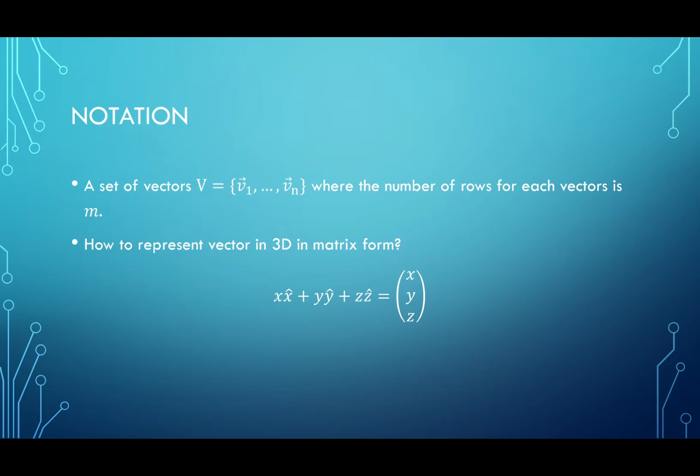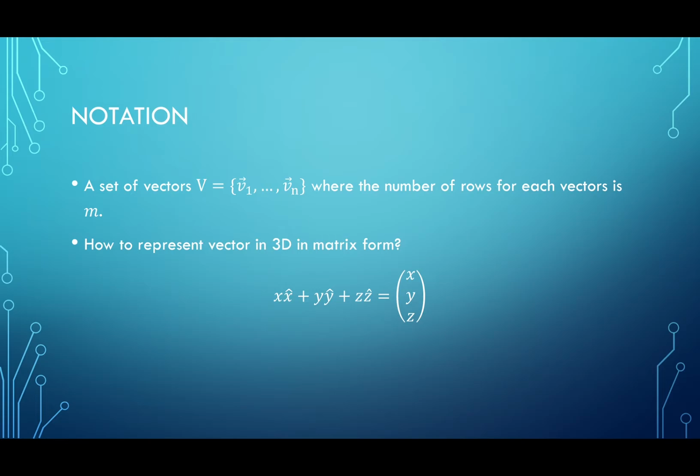So how to represent a vector in 3D in matrix form? If we have our usual representation of vectors in its components, so if we have x hat plus y hat plus z hat, then we can represent it in this form of matrix. Okay, I think this definition is quite straightforward.